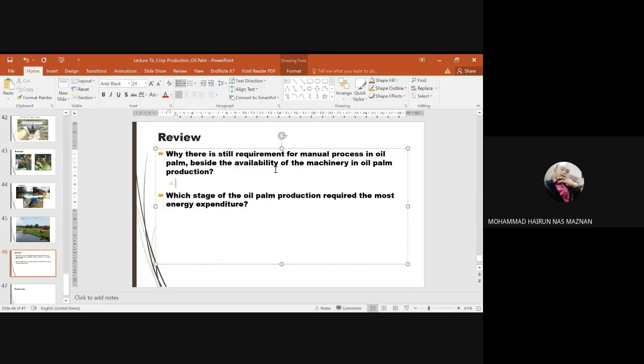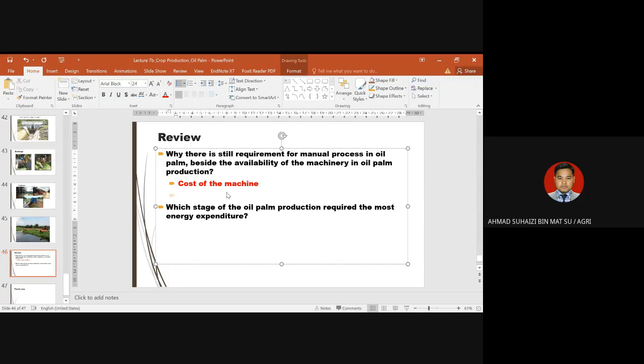Because the machines that exist now still have shortcomings, and not all farmers can afford to own these machines. So one is the cost of the machine. Okay, what was that? You got 2 points there. Then suitability. We call that suitability, yes, of the machine for a specific task.